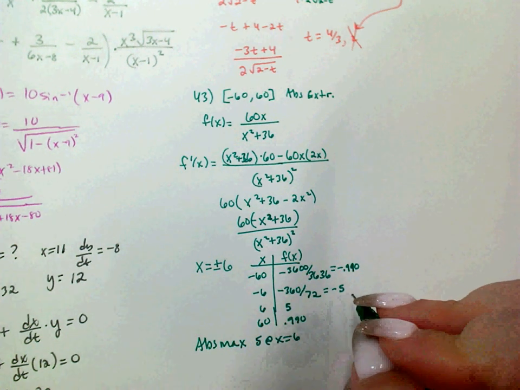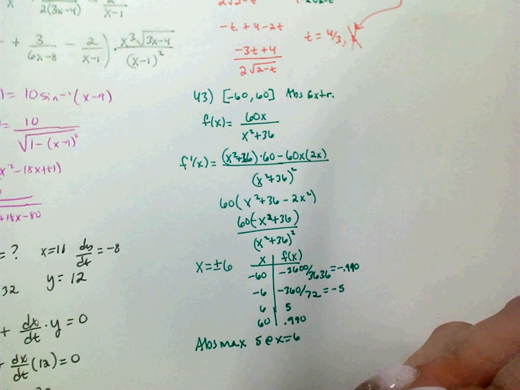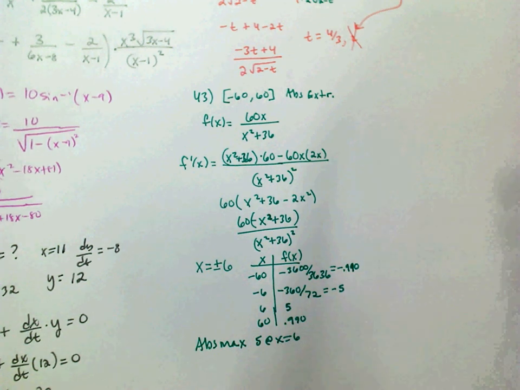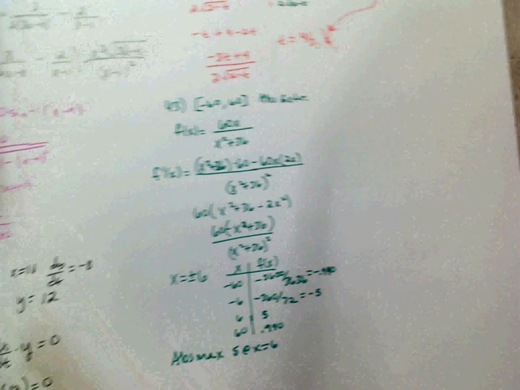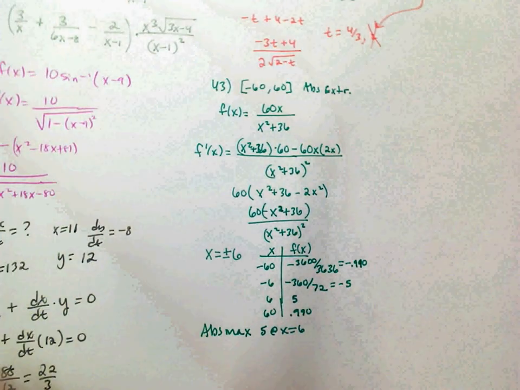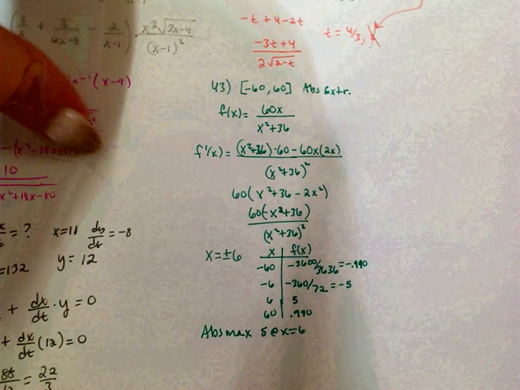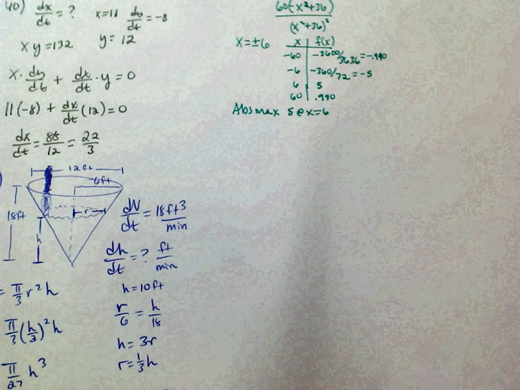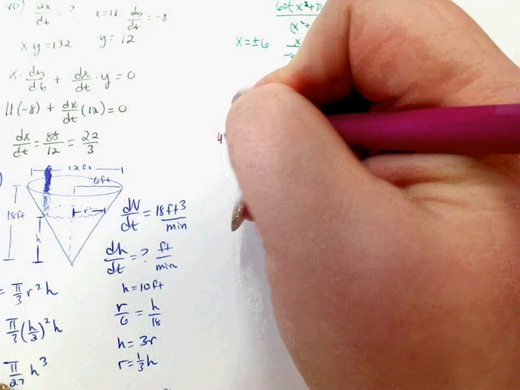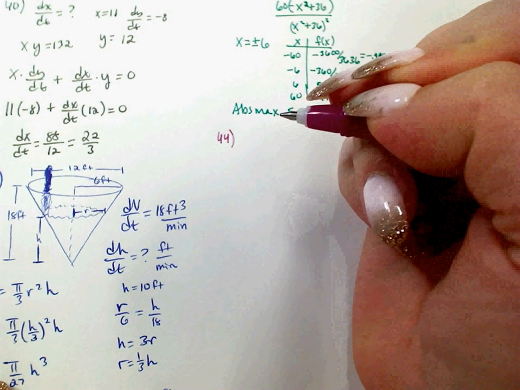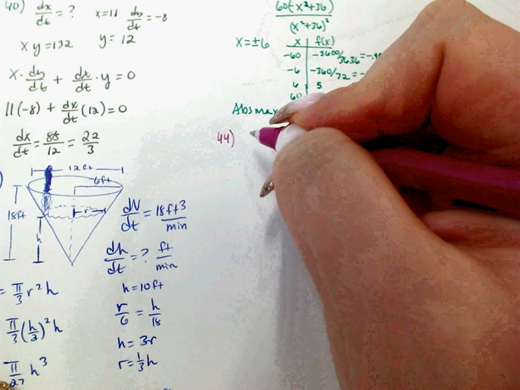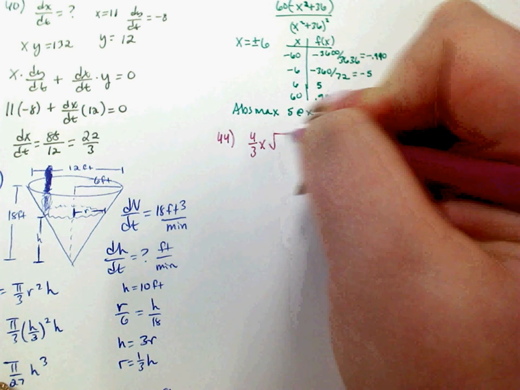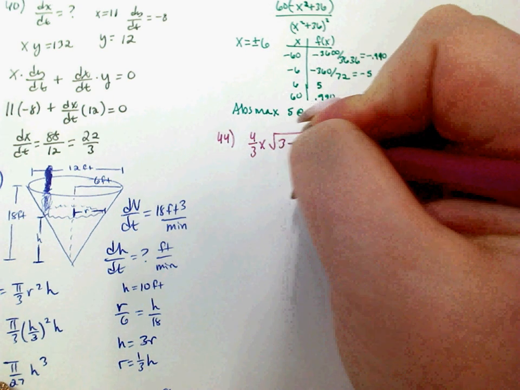So next I've got 44. 44 says, given the function 4/3 x times the square root of 3 minus x, determine all absolute extrema on the interval 0 to 3.